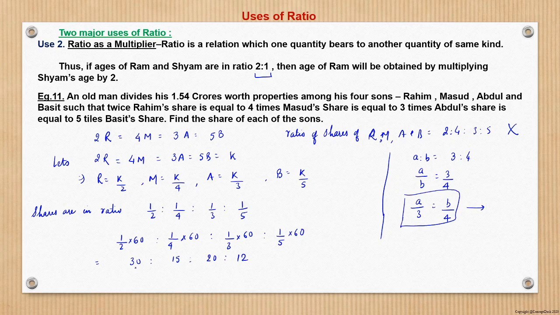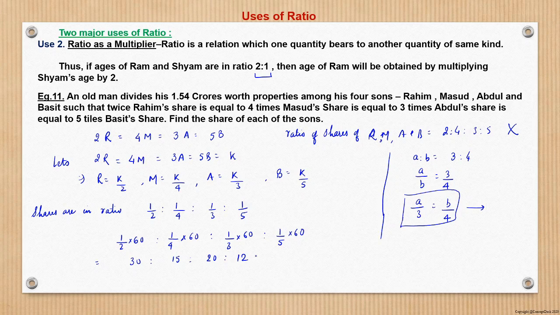So now this is the ratio basically, the ratio in which the father has allotted the shares to the 4 different sons. That is, Rahim gets 30, Masood gets 15, Abdul gets 20, and Basit gets 12 units.